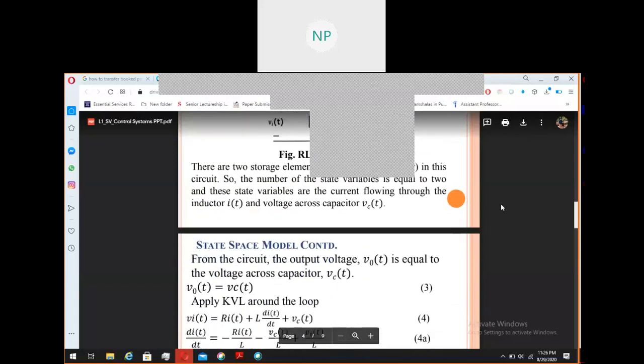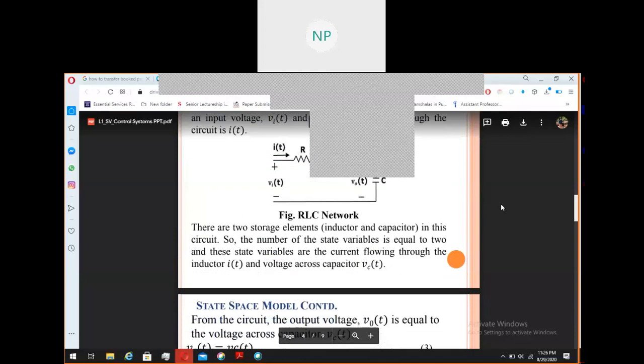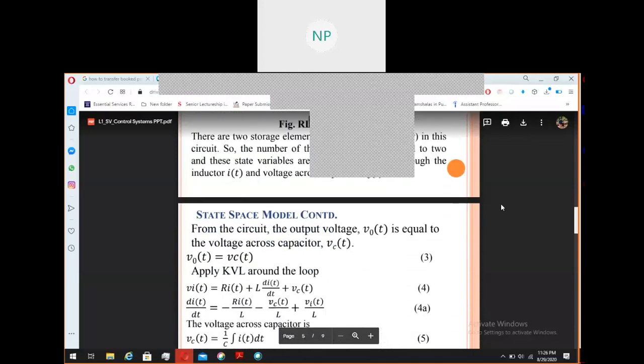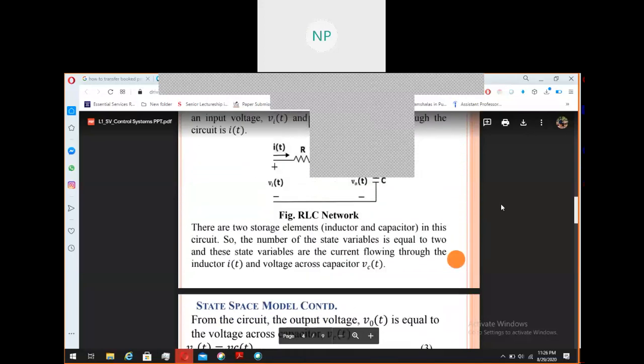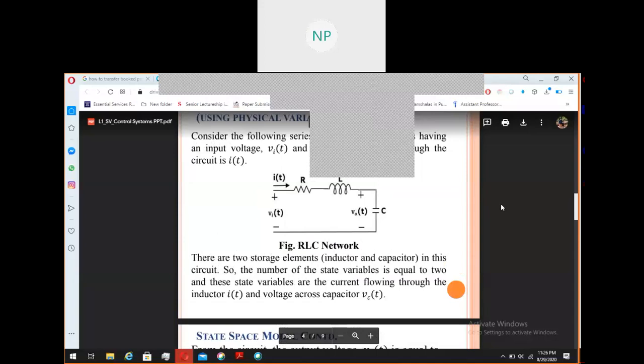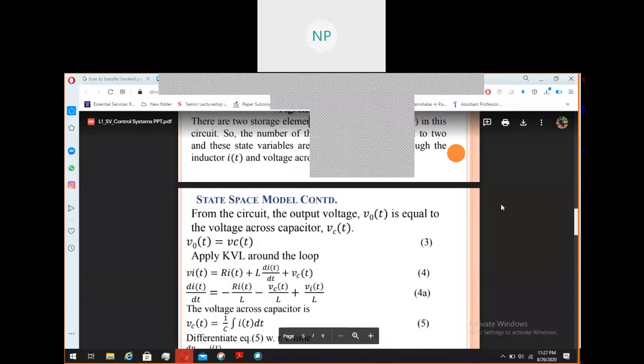For the two state variables, we get the output voltage across the capacitor. So output voltage is the voltage across the capacitor, indicated by V0. Then using Kirchhoff's voltage law, we can get an equation by applying it to the loop, from input to output and again back to input. So it is a circle.